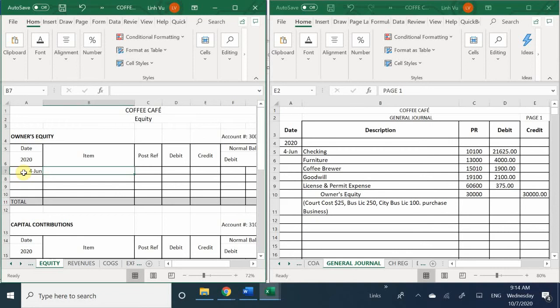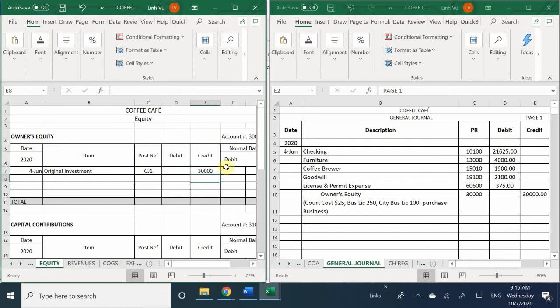I'm going to write here original investment. Okay. And it's going to be for general journal number 1. And this time, not on the debit, we credited the account for $30,000.